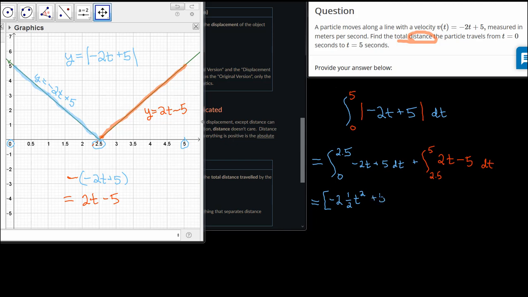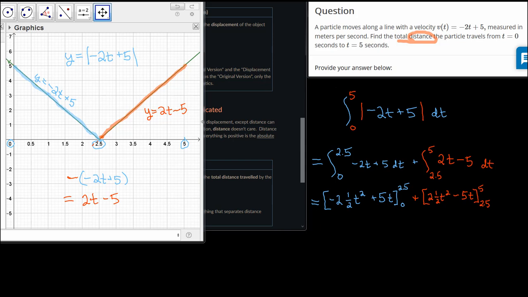Then the antiderivative of 5 with respect to t is 5t, and that gets evaluated from 0 to 2.5. And then we add the antiderivative of 2t: the 2 stays there, the antiderivative of t is t squared, then the power rule says we have to divide by 2, and the antiderivative of negative 5 is negative 5t, and that gets evaluated from 2.5 to 5.